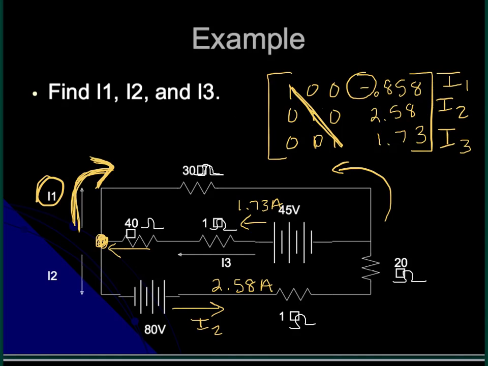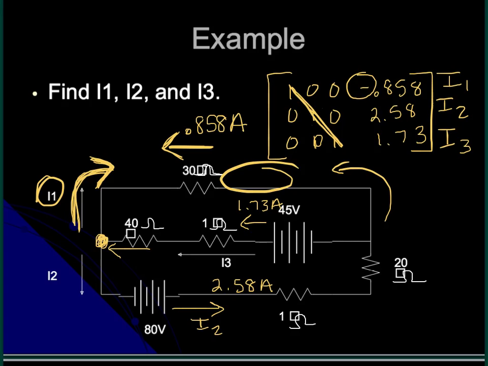Since it's negative, that really means it's going in the opposite direction. So the original guess that it should go counterclockwise around this loop was actually correct. So I1 is actually going in this direction, and it's 0.858 amps.